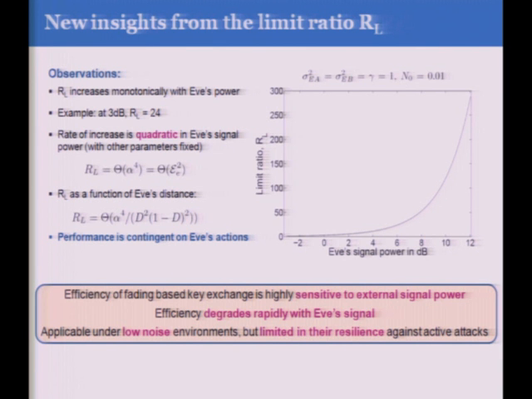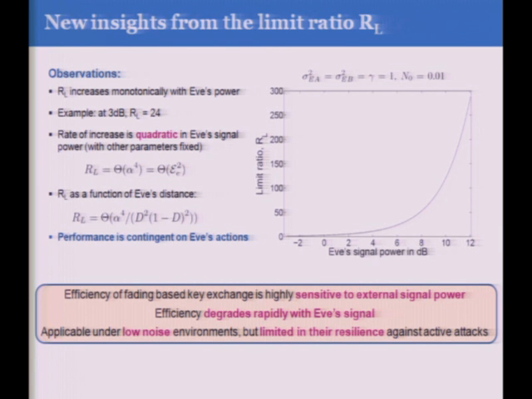And you can also compute order relationships about how the distance of Eve affects this. So what we did here was that we fix a topology. Let's say A and B are on a line, and E lies in between. The distance between A and B is just unit distance, and E lies anywhere on this line.